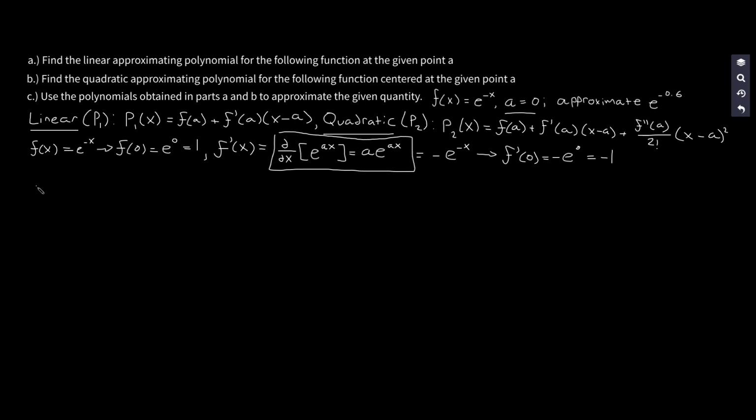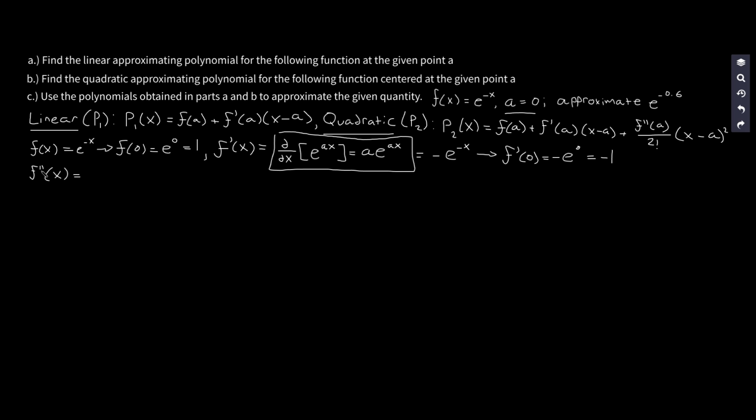Start back over here. We need to find the second derivative, which is f double prime of x. We're putting it back through that, and it's going to start alternating. Because if I take the derivative of negative e raised to the power of negative x, that negative sign is going to come out front again and cancel the negative sign, so it's just going to be positive.